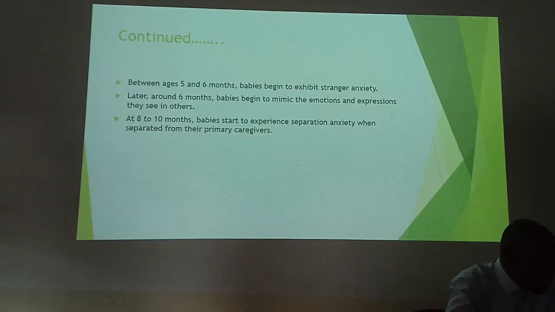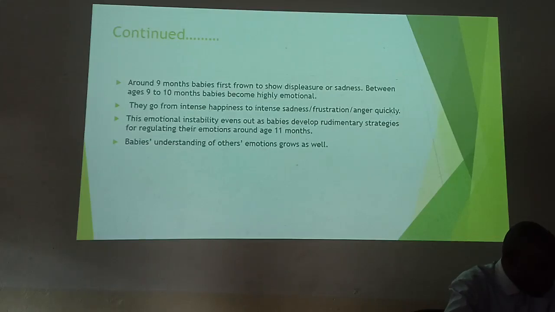Between ages 5 and 6 months, babies begin to exhibit stranger anxiety. Later, around 6 months, babies begin to mimic the emotions and expressions they see in others. At 8 to 10 months, babies start to experience separation anxiety when separated from their primary caregivers.